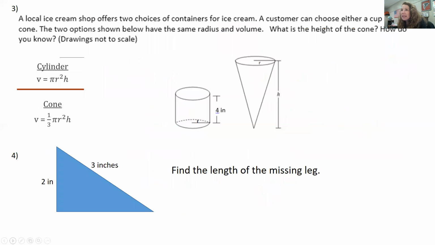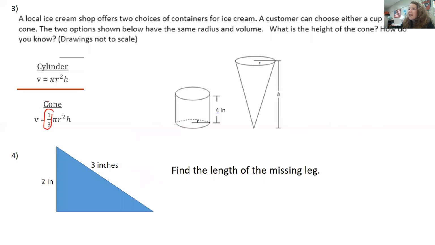Number three, a local ice cream shop offers two choices of containers for ice cream. A customer can choose either a cup or a cone. The two options shown below have the same radius and the same volume. What is the height of the cone? Well, the only difference in these two formulas is 1/3, right?